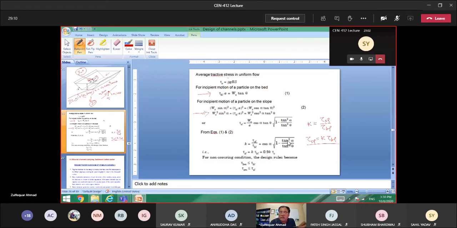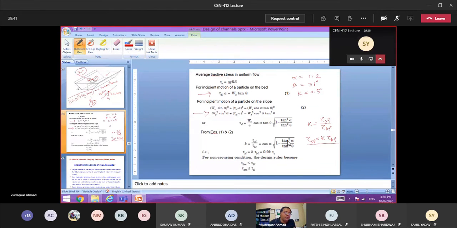Alpha, the side slope, in this case is, let us say, 1:2, and theta is 31 degrees. Once you substitute the values of alpha and theta, you will get the value of k about 0.5.